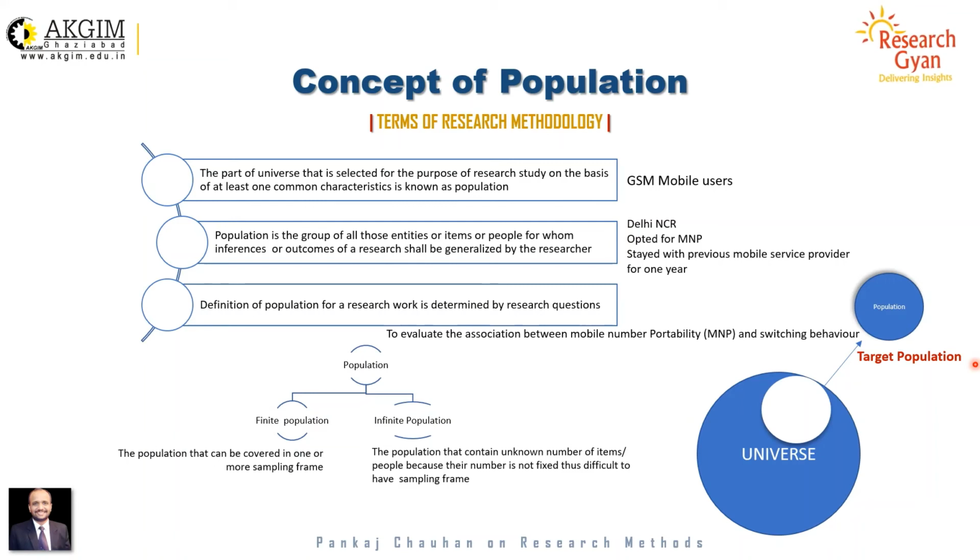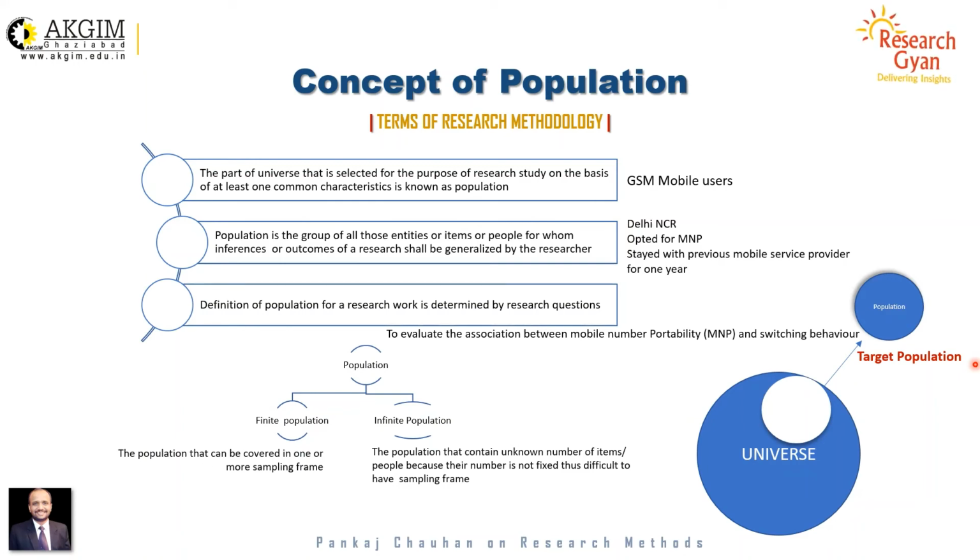For a grounded understanding, we can say finite population represents the known part of the universe. For example, in the research on mobile number portability and switching behavior, it is possible to have the list of desirable mobile users for the purpose of this research. Their list can be managed or arranged or developed during the process of research.